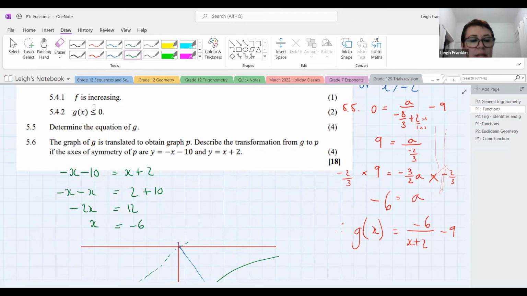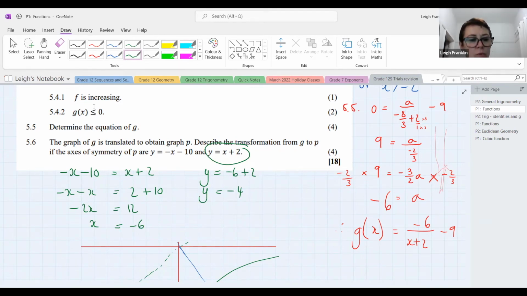Now we can sub into either equation and work out the value of y. Let me just use this one because it's the easiest. So now I've got -6 plus 2, which means that y is equal to -4. These are my new asymptotes.